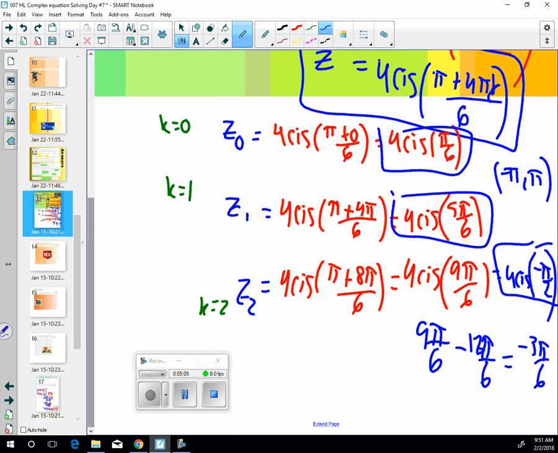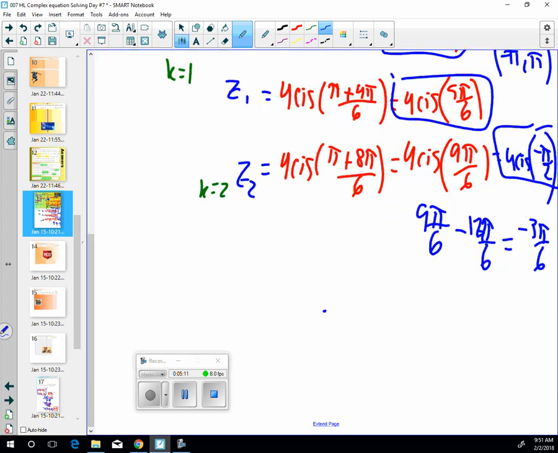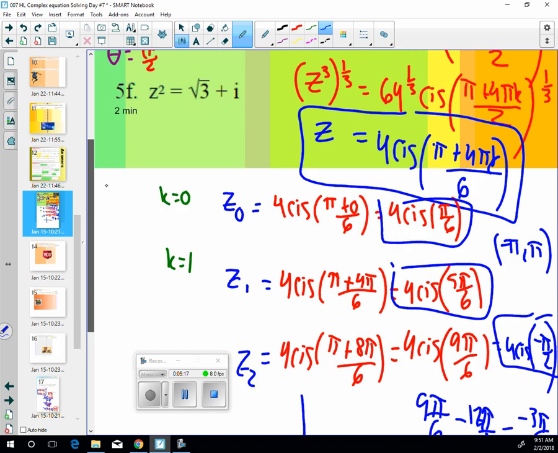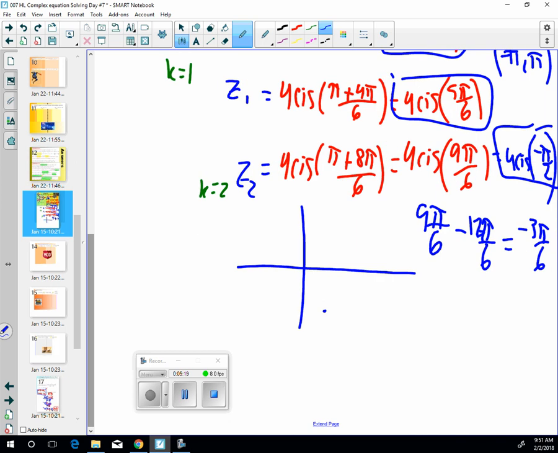Yeah. So watch this. When we sketch these three roots of, what was that, 64i? All it is 1, 2, 3, 4. The first one is out 4. The angle is 5 pi over 6.